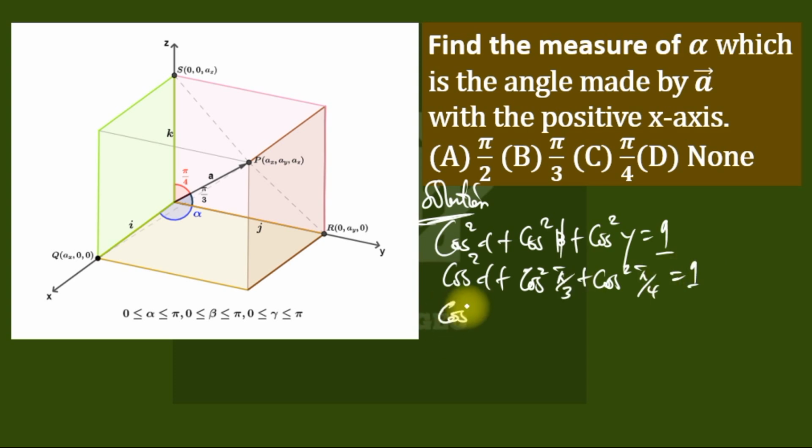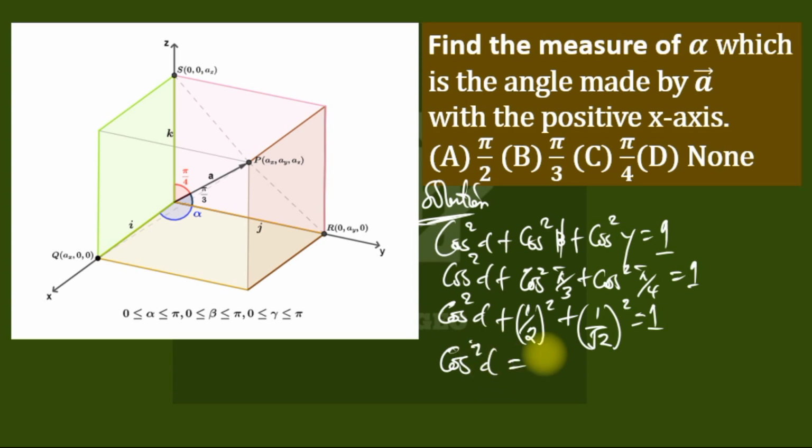So we'll repeat this. This is cos squared alpha plus cos pi over 3, which is 1 over 2, so 1 over 2 all squared, plus cos pi over 4, that is 1 over root 2, all squared, equal to 1. So this is 1 over 4, so cos squared alpha will now be 1 minus 1 over 4 minus 1 over 2, which will give us 1 over 4.